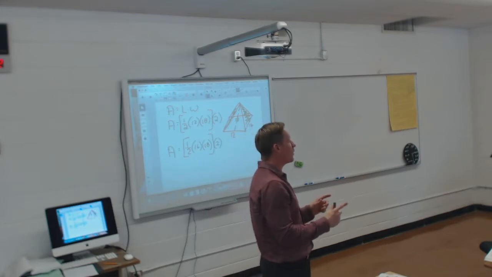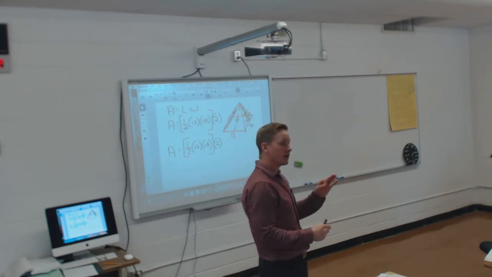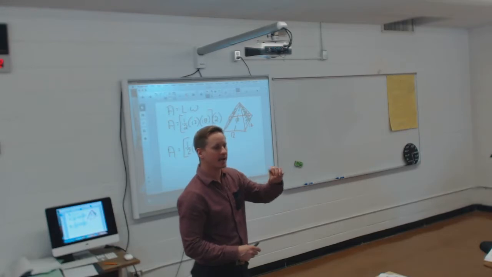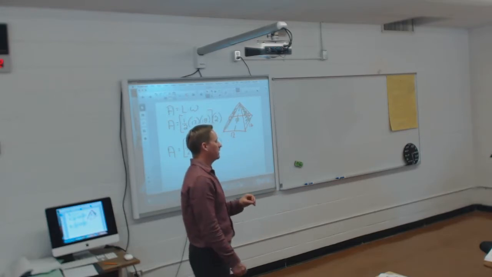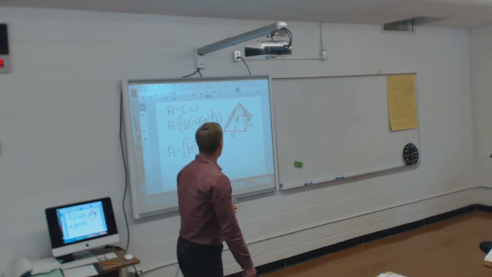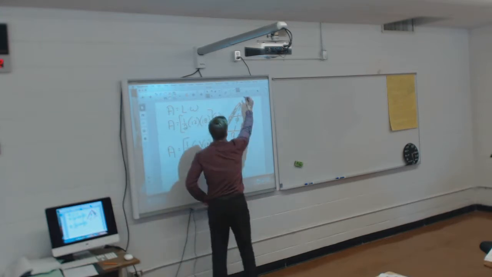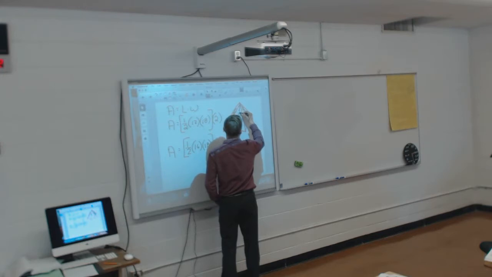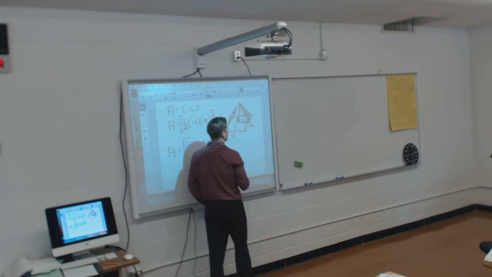There's a third way in which they can ask this exact same question: they could force you to find the slant height. So what they would give you is the height of this, in which you have a right angle.